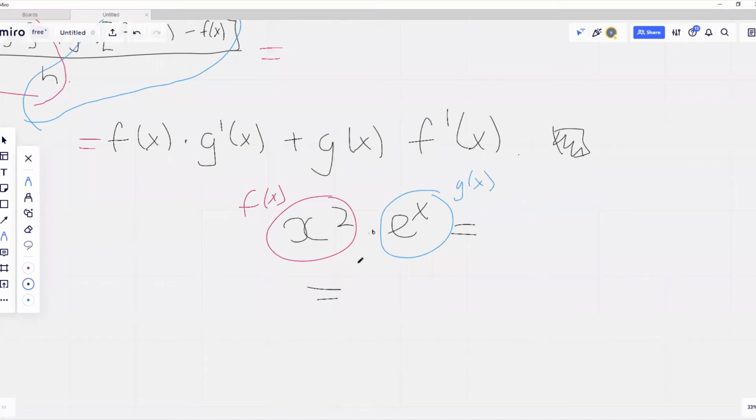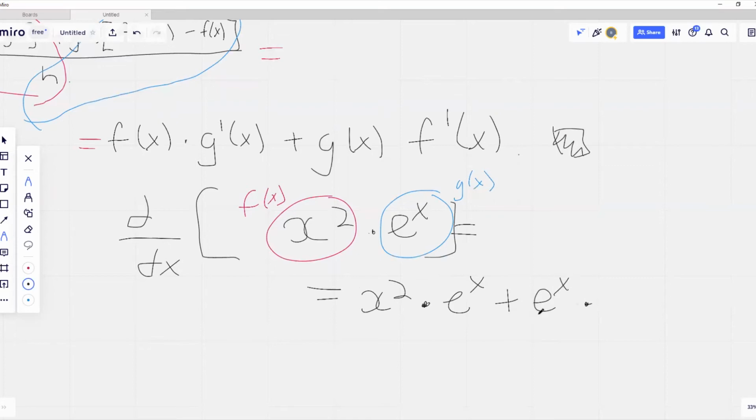Then to find the derivative of the product, we have to find the following sum: x squared multiplied by the derivative of g of x, which is e to the x, plus e to the x multiplied by the derivative of f of x, which is going to give us 2x. So the answer is then, if we factor out e to the power of x, 2x plus x squared.